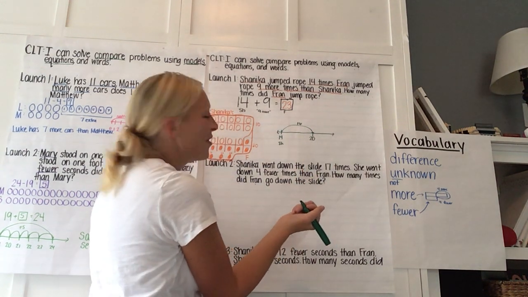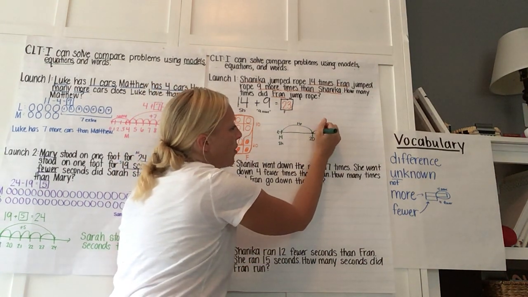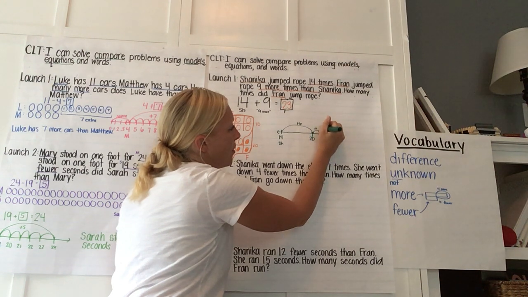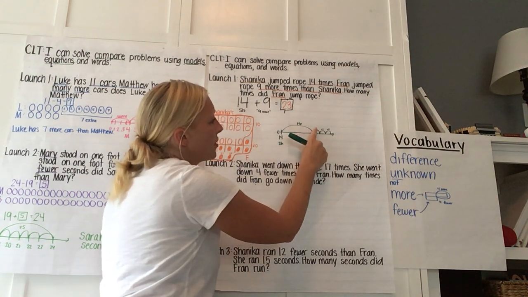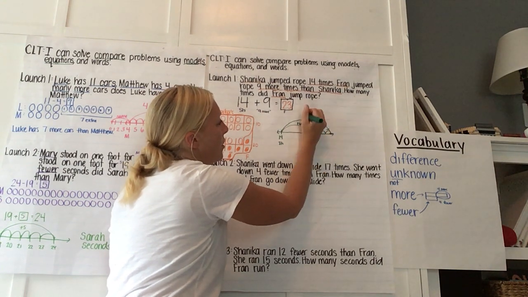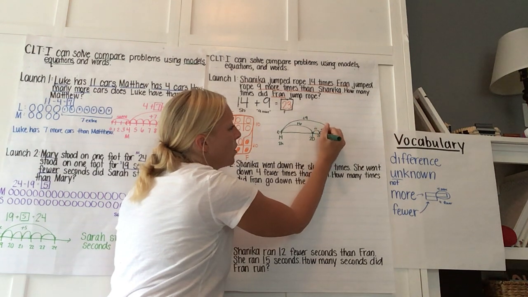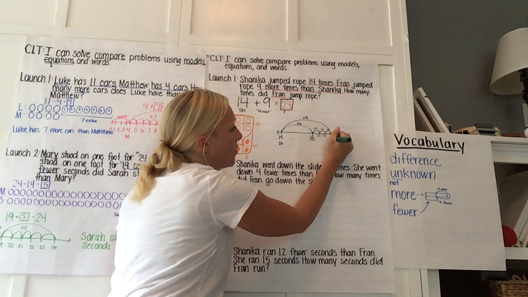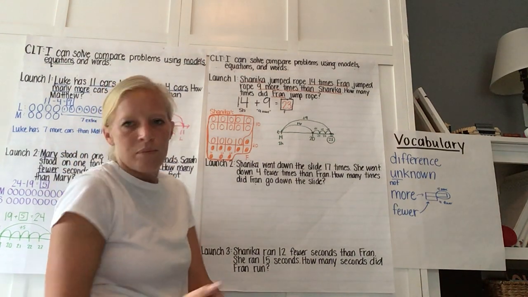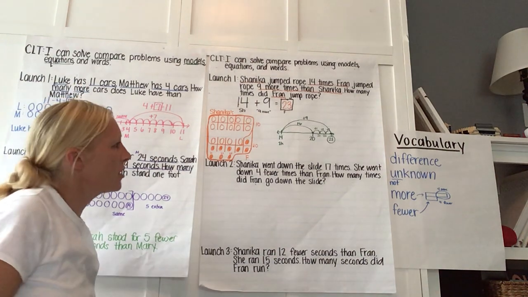Got you to 20. Have that friendly number. And then what did you do? Jump 3 more. 1, 2, 3. And why did you jump 3 more? 6, 7, 8, 9. Okay. And where did you land? 21, 22, and 23. How are these two ways the same? And how are they different?